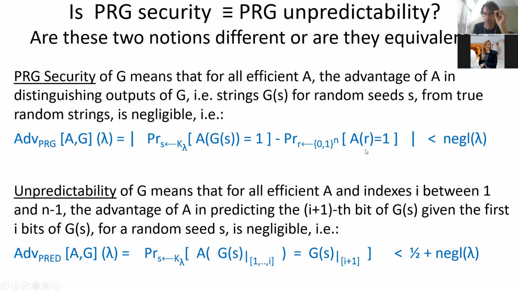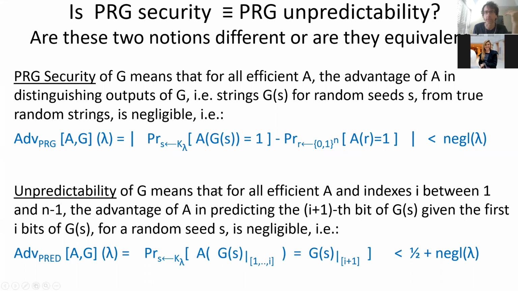Then you compare it to the way he outputs the same output when you give him a fully random string. PRG is secure if for every such test, this difference is negligible. PRG is unpredictable if for every test that just sees the first I bits, he cannot predict the I plus first. Are these two notions equivalent?